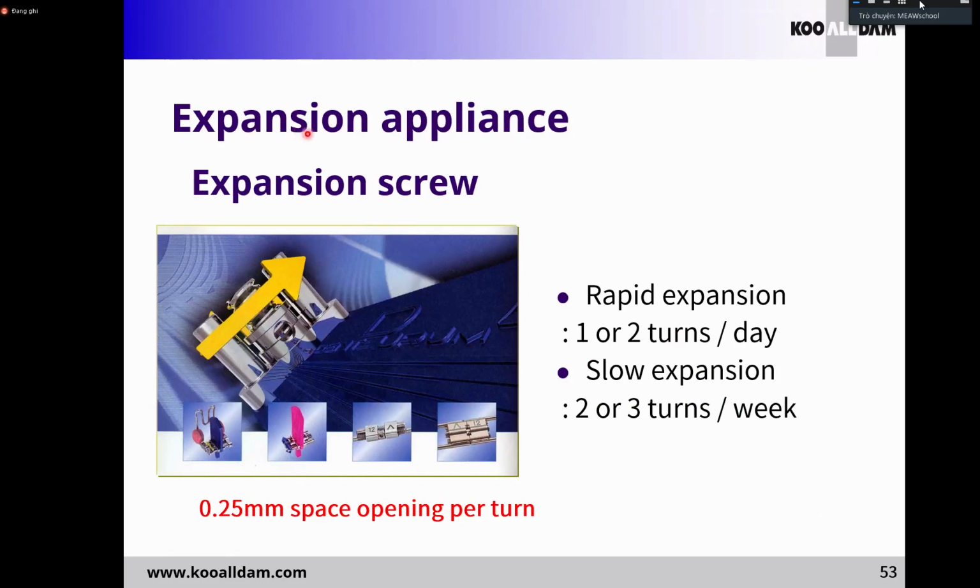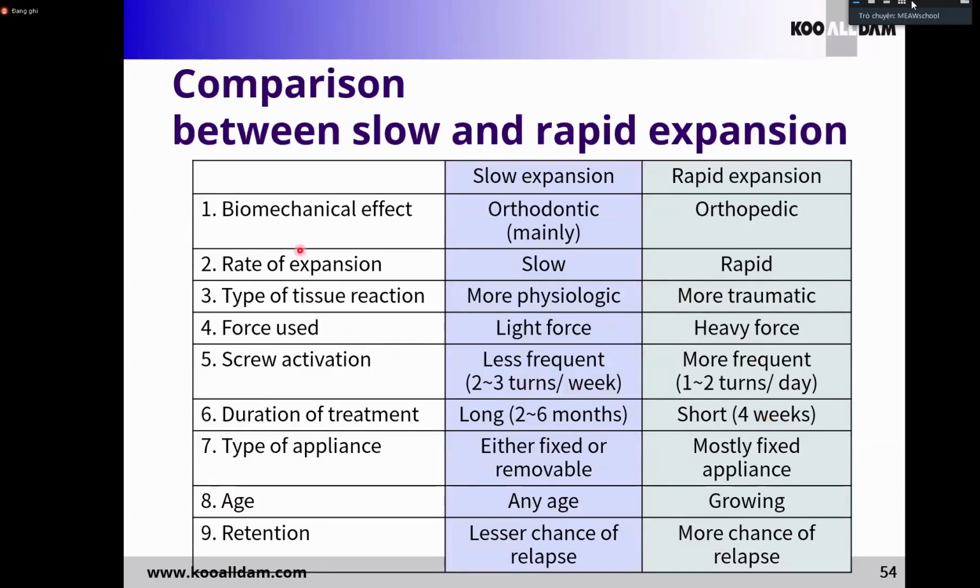For expansion appliance, we use a screw. In rapid expansion, we may turn once or twice a day. In slow expansion appliance, we may turn two or three times per week. So this is a comparison between slow and rapid expansion.